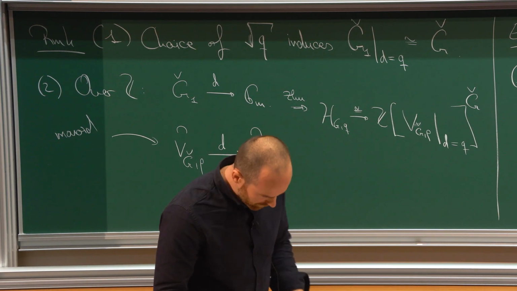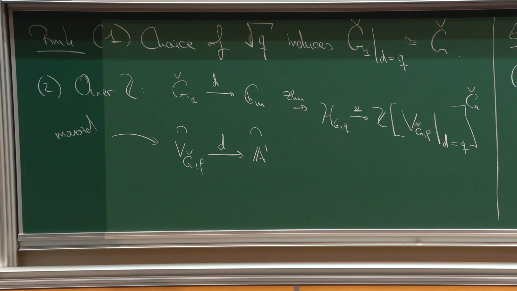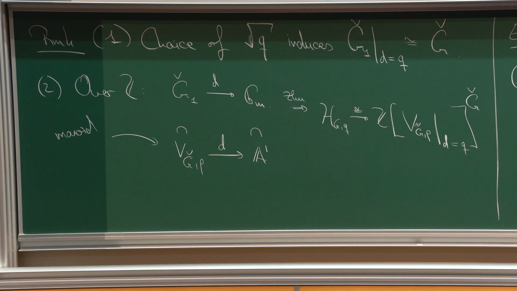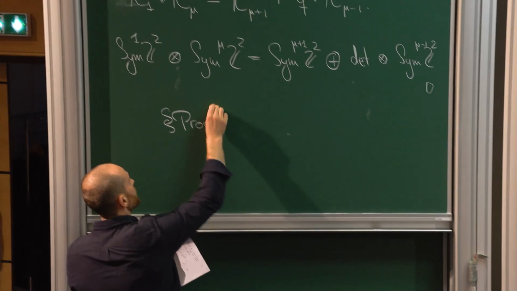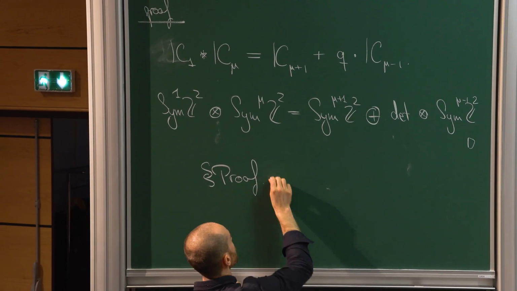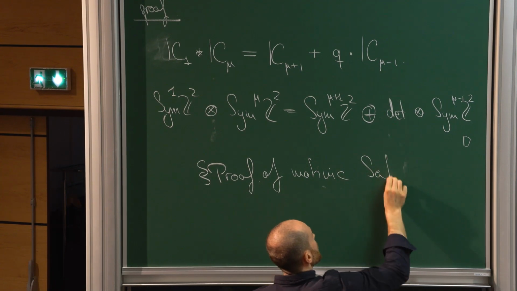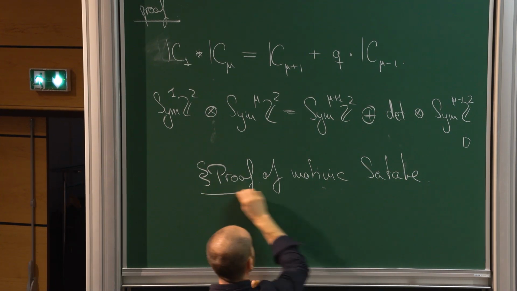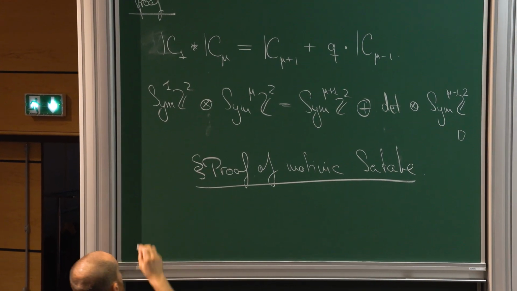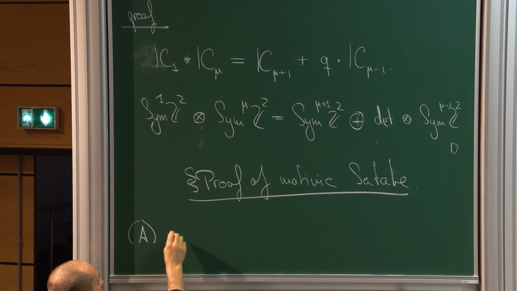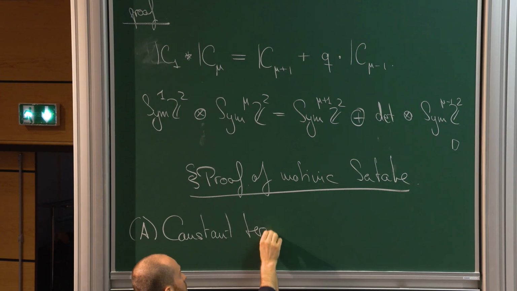Okay, so here you already get a hint on what to expect from this geometric thing, and what I want to talk about in the second half is a proof of this motivic Satake. And I would like to start with so-called constant term functors.